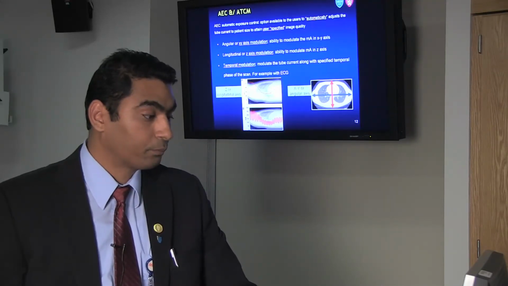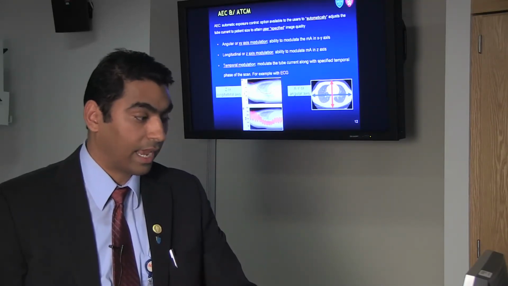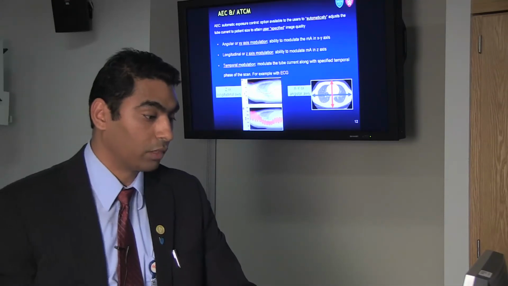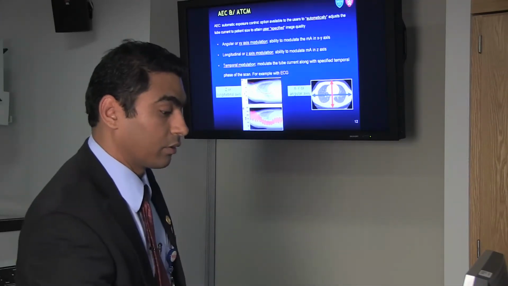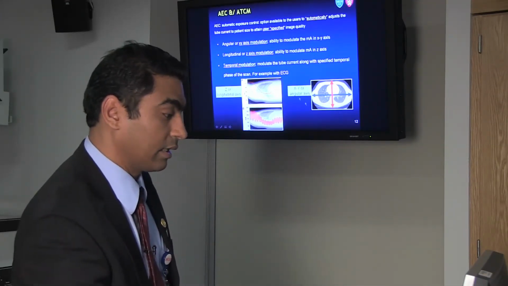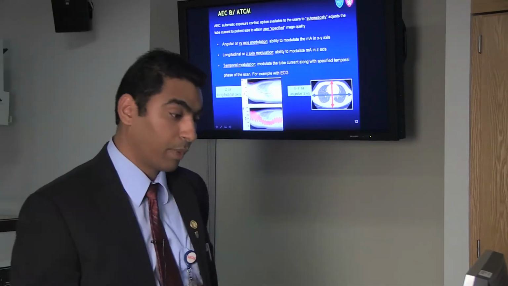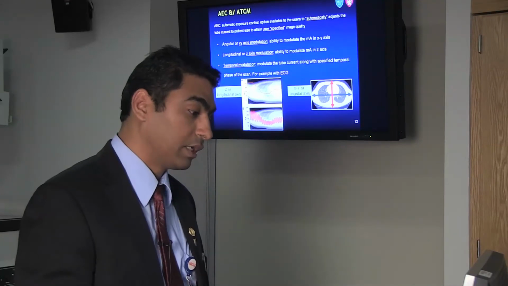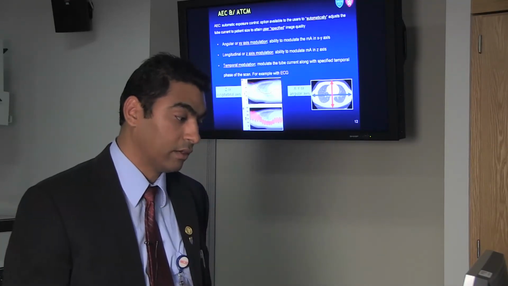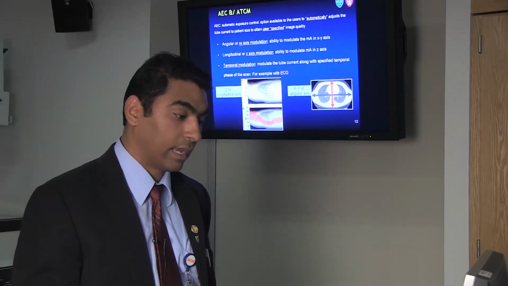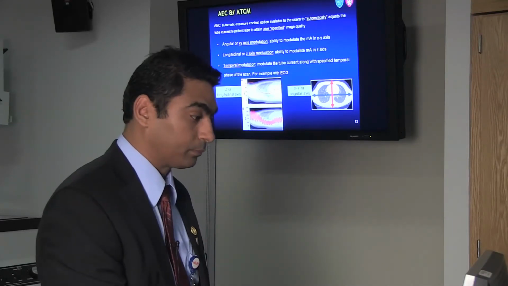And then we have different types of ATCM, as in angular or XY, where you modulate your mA in the XY direction, and then you have a longitudinal modulation along the Z-axis of a patient, and you have a temporal modulation where the mA is modulated depending on the phase of the scan, as in cardiac based by ECG.